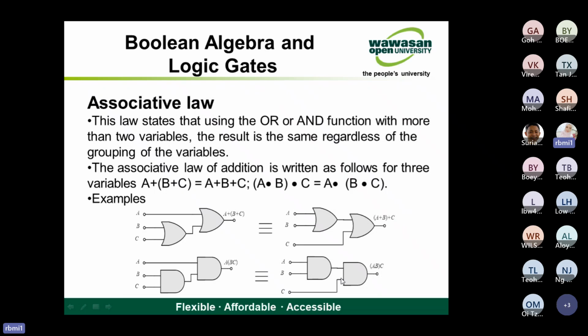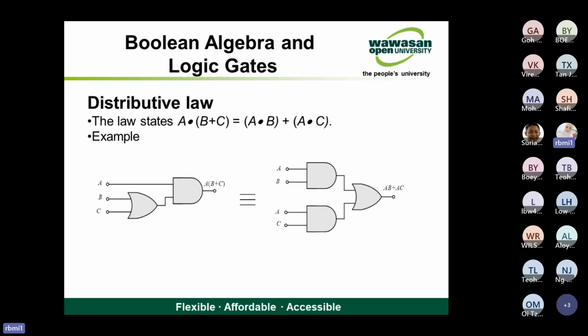This one is multiplication for AND gates. We use 2 AND gates for 3 inputs and 1 output. This is the associative law of addition as implemented with OR gates, and this one as implemented with AND gates for multiplication.